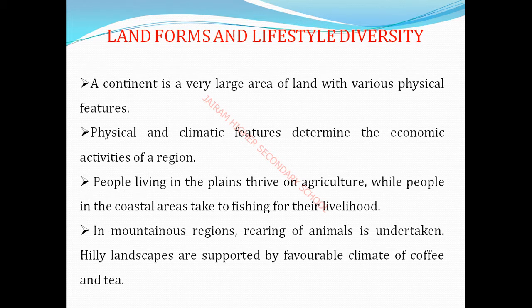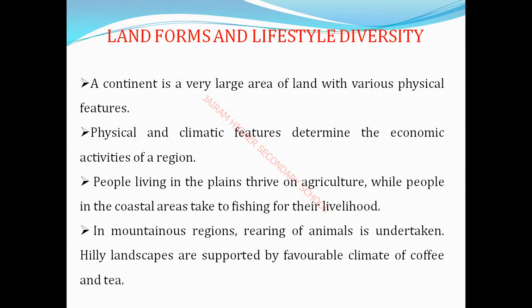Here, physical features mean mountains, plains, rivers, plateaus, etc. Which is called a continent, which contains a large area of land along with physical features. Next, see, the physical and climate features mostly determine the economic activities of a region. Of course, a nation's economic activity is mostly dependent on physical and climatic features.